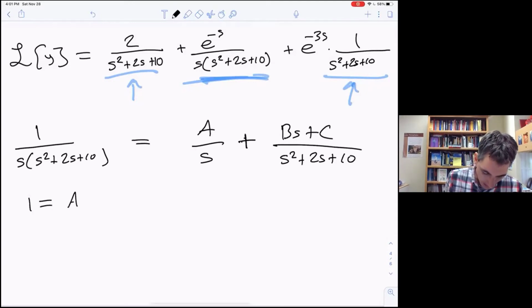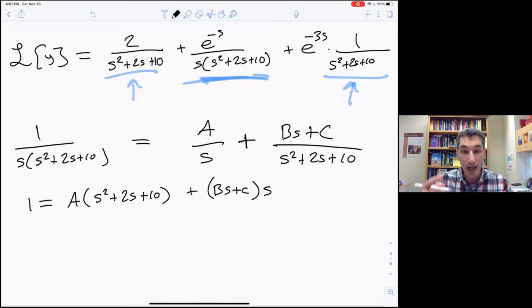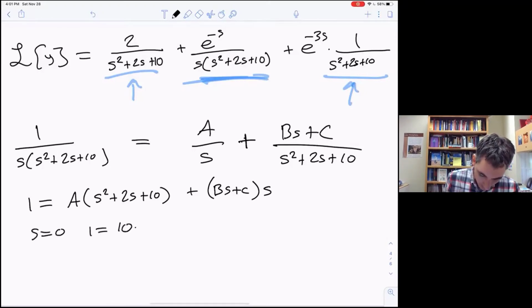You're going to get A times (s² + 2s + 10), and then you'll have (Bs + C) times s. And I think we can figure out A if we just set s equal to 0. You'll get 1 is equal to 10A, because the other terms are going to be 0 as well. So A is equal to 1/10.